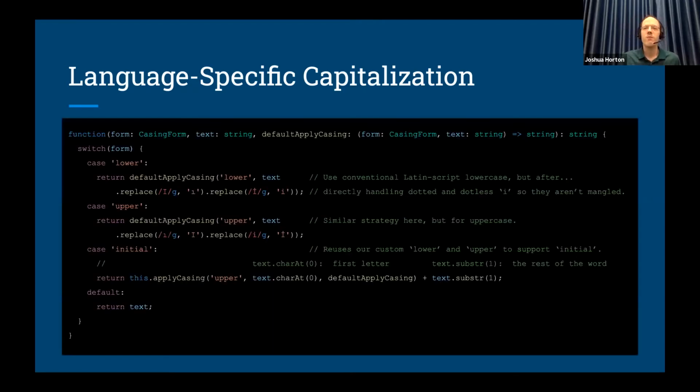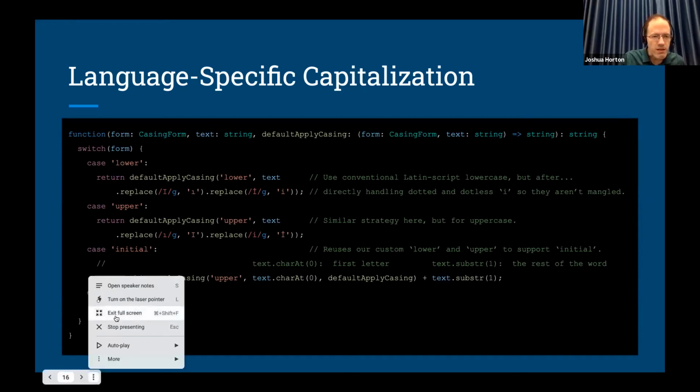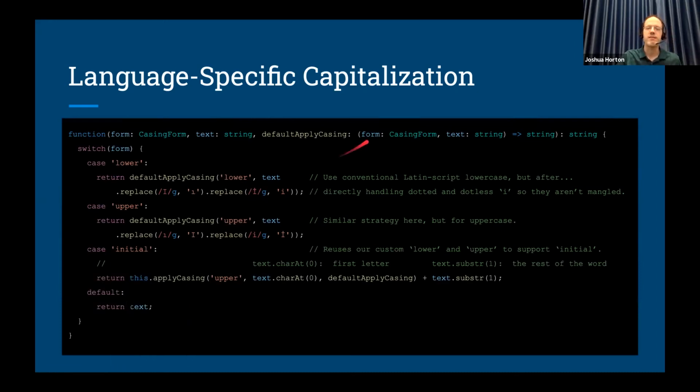To do this, we code in TypeScript a function designed to handle this. You might notice, let me see if I can get this little laser pointer thing. Yes. We have here defaultApplyCasing as a parameter on the function you can define.